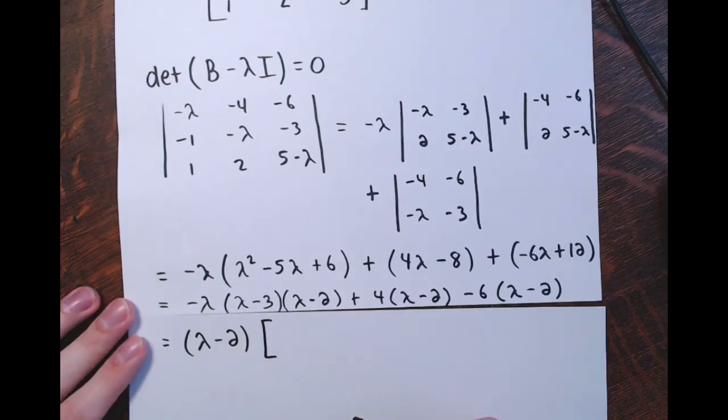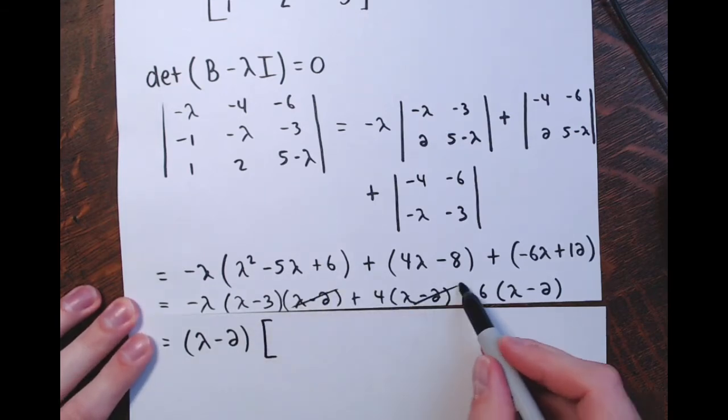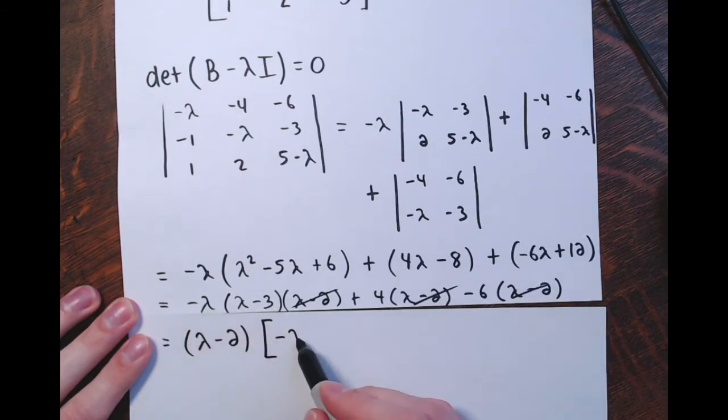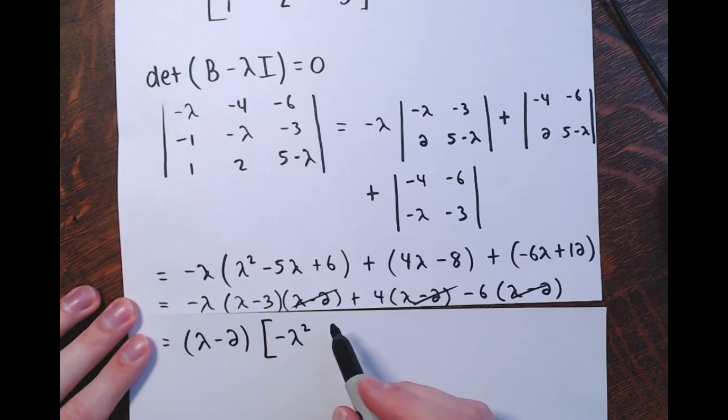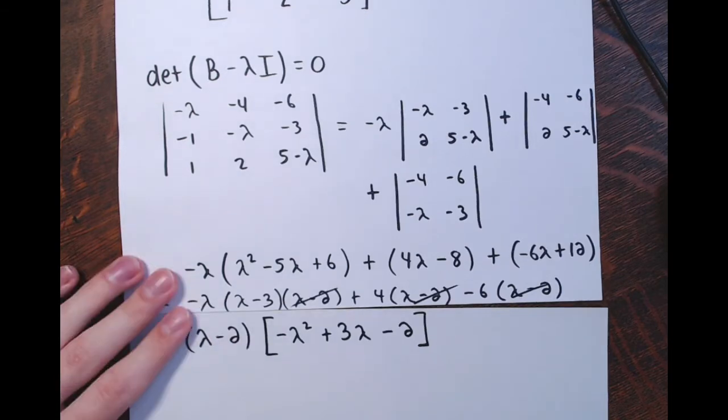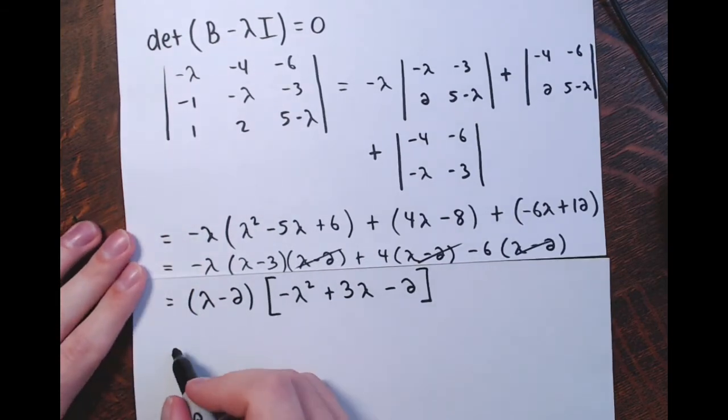And then if I pull out the lambda minus 2, I'd have negative lambda squared plus 3 lambda, and then plus 4 minus 6 would be minus 2. Okay, and then this can factor more too.